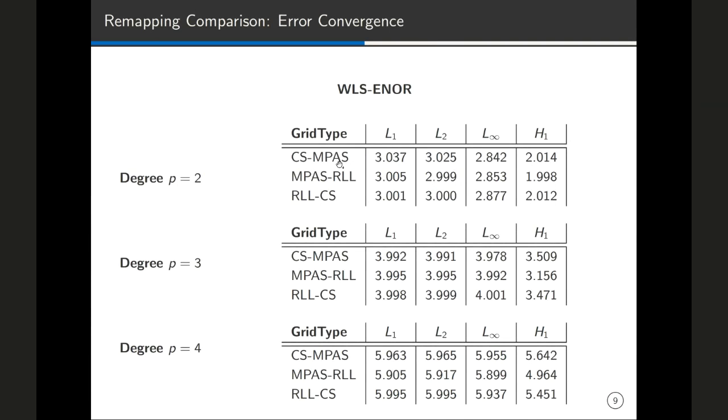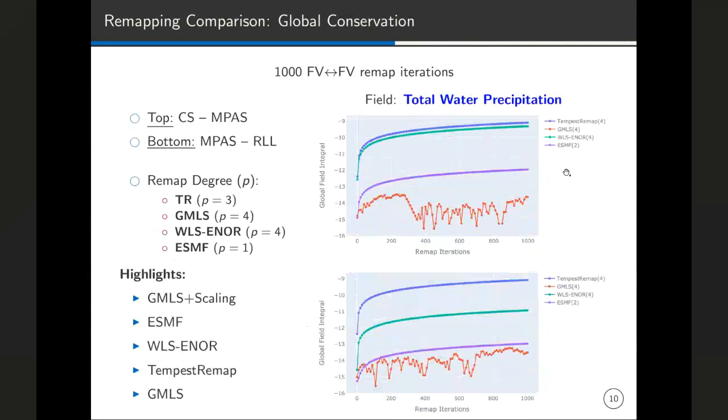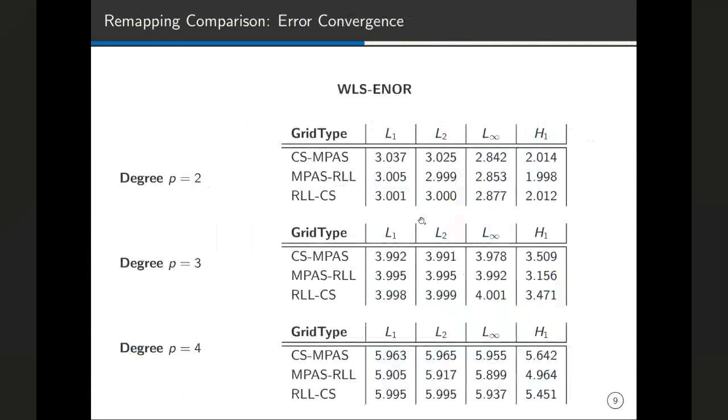Okay. And so we sample the fields exactly on each of these grids, and the error is computed after one remap iteration. So this is the convergence based on one transfer to the target and back to the source. Okay.